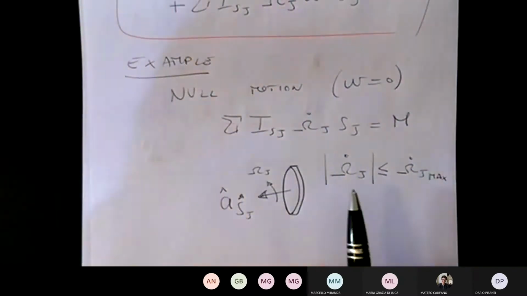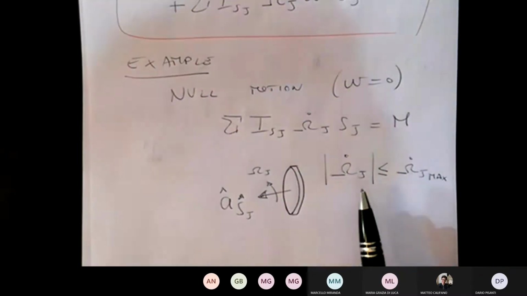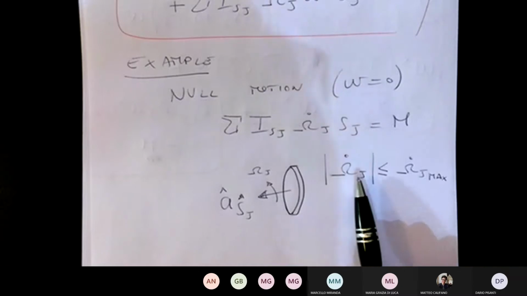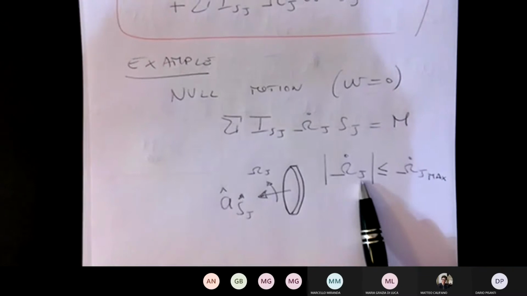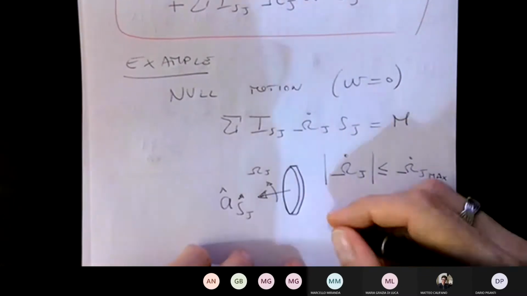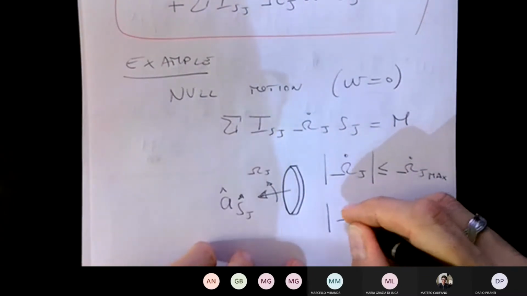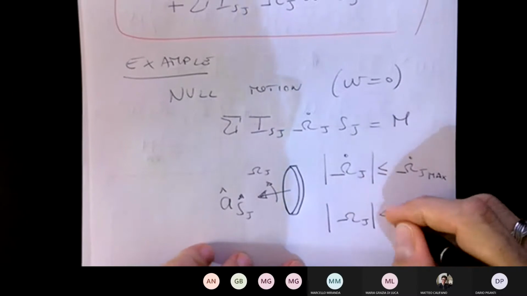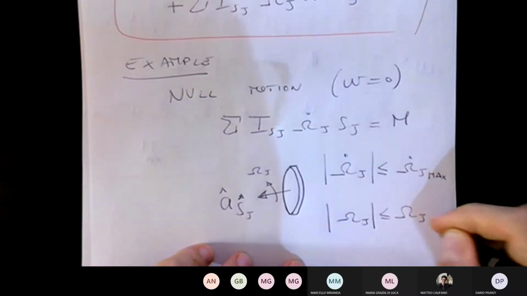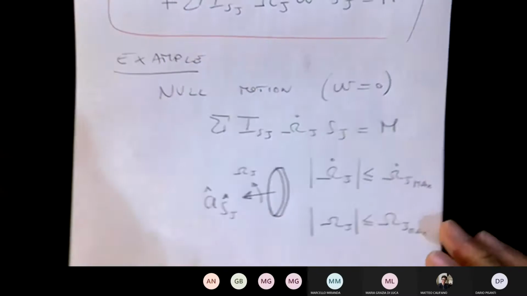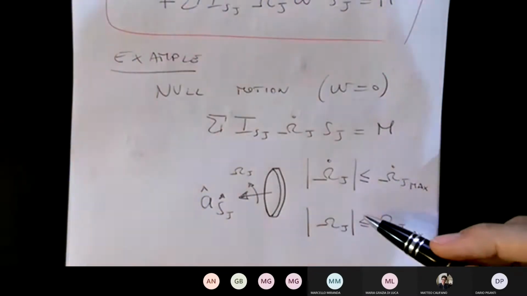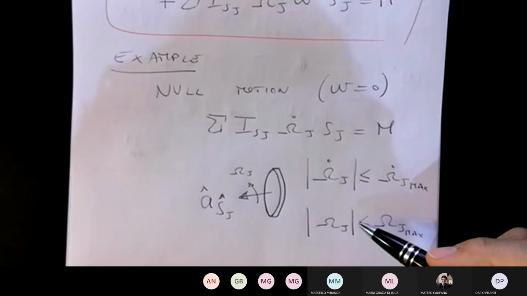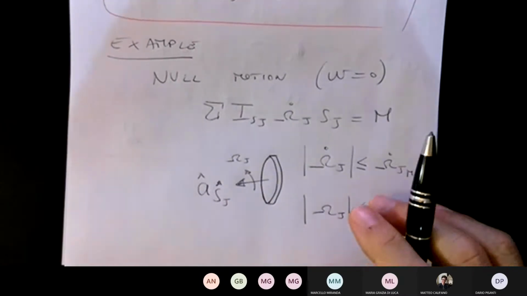There would be an electrical motor, an actuator that accelerates the wheel, and how much you can accelerate it is obviously limited by the actuator physical properties, by its design. Likewise, the spin rates cannot really go past some maximum RPM. You can't spin the wheel up indefinitely because it's a physical system and there are bearings and they have limits.